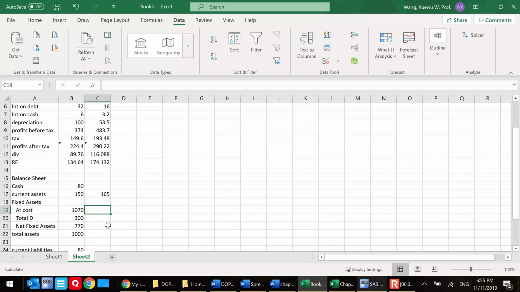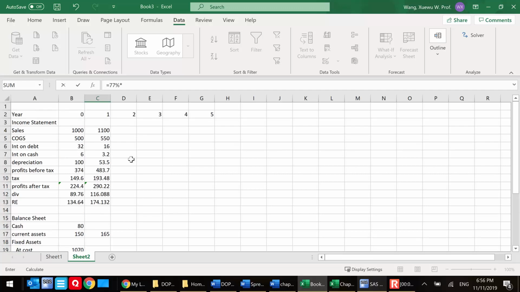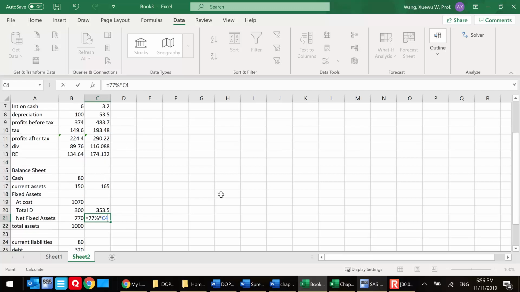All right, so I'm going to look at the total depreciation. So that's going to be the total depreciation as of the previous year plus what you have depreciated this year. All right, so net fixed assets, this is saying it's 77% of sales. So I'm going to do 77% of sales.